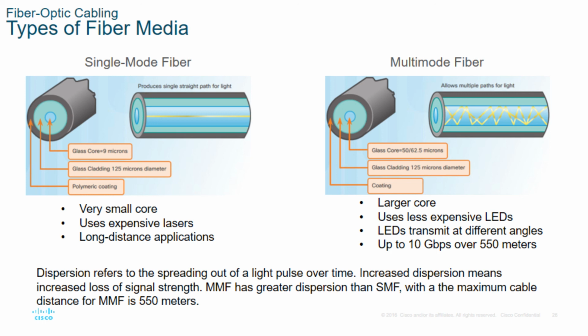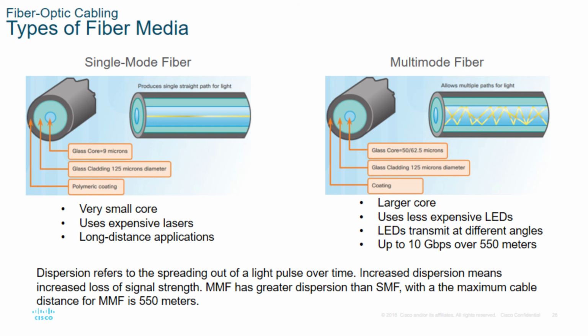So one of the highlighted differences between both of them is the amount of dispersion, and dispersion refers to the spreading out of a light pulse over time. MMF has a greater dispersion than SMF.